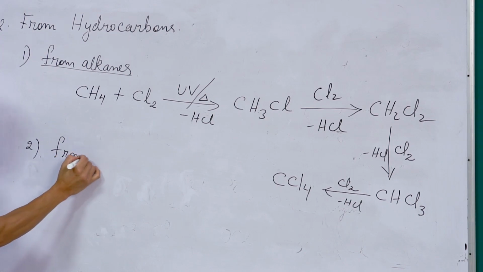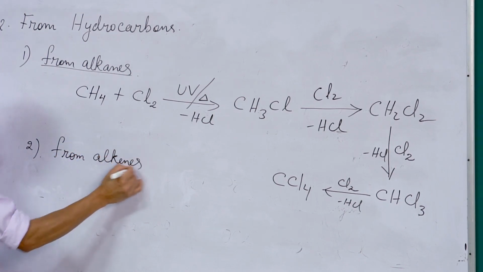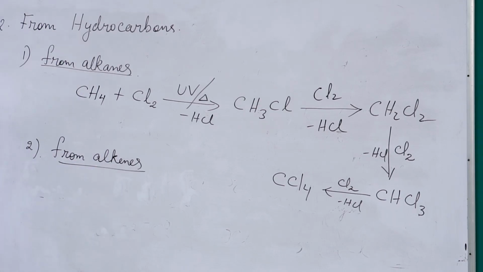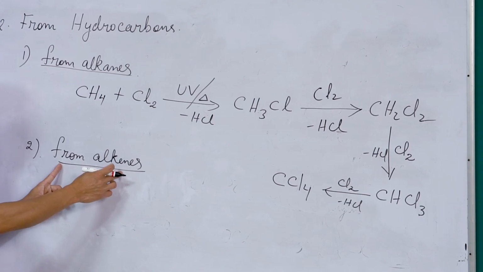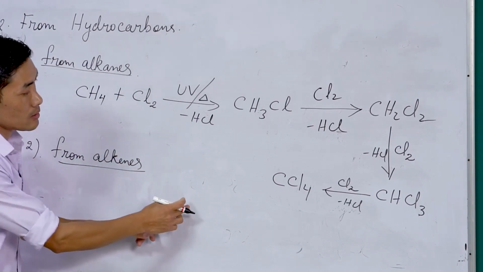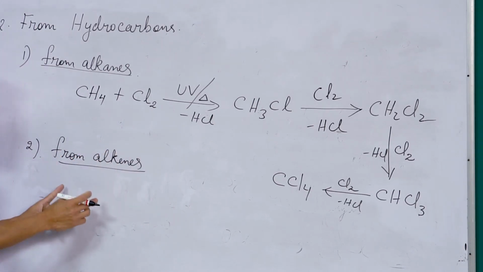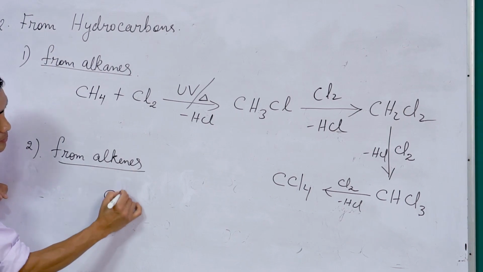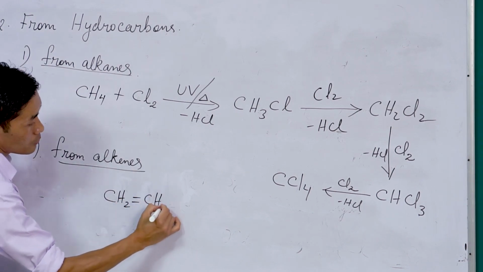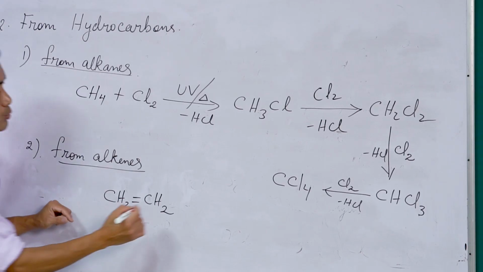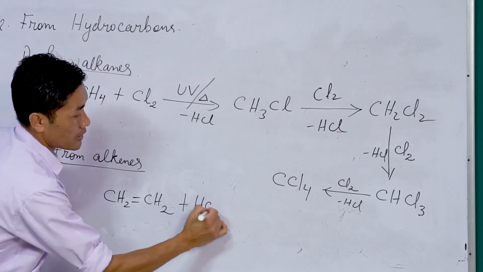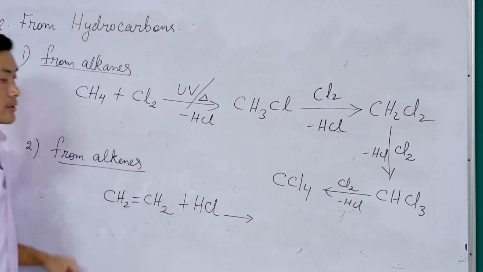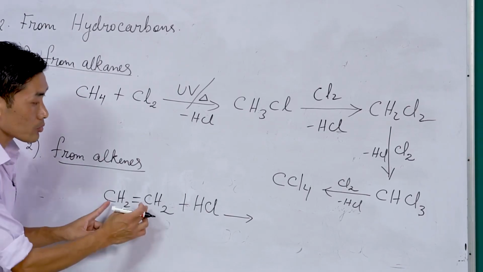The second method is from alkenes. Now, alkenes can be treated with halogen acids, when the halogen acid gets added to the alkene to give these haloalkanes. So if we have ethene, which is an alkene, we treat it with a halogen acid like HCl, then addition takes place across the double bond.